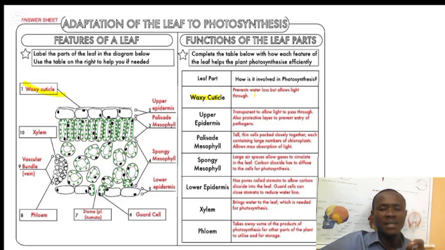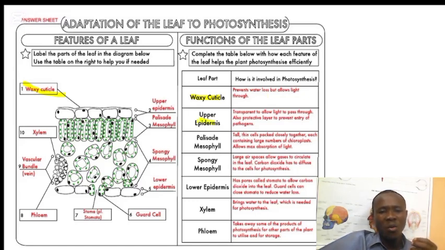And light is also needed because the chlorophyll molecule absorbs light energy, so it has to allow light to pass through. If the waxy cuticle was opaque, light will not pass through, and in that case the chlorophyll molecule will not be able to absorb the light energy for this reaction to start.